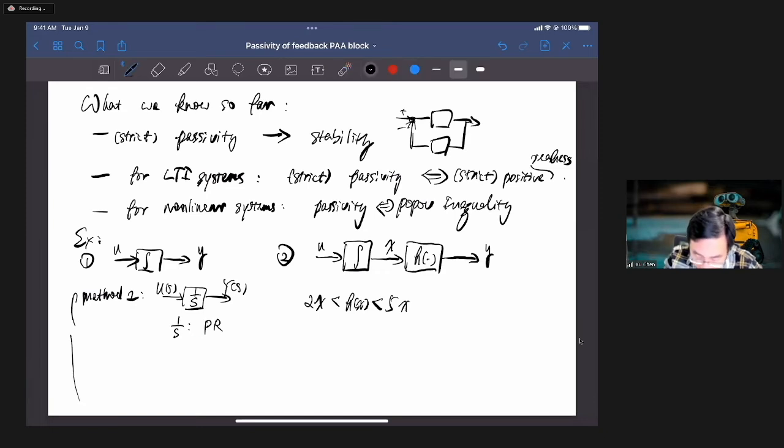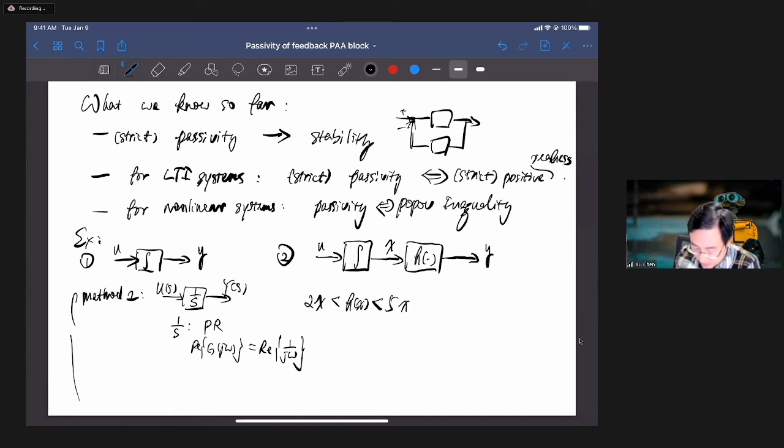And lastly is the real part of the frequency response, which is the real part of 1 over j omega, right? This one has to be non-negative. And that is also true in here.